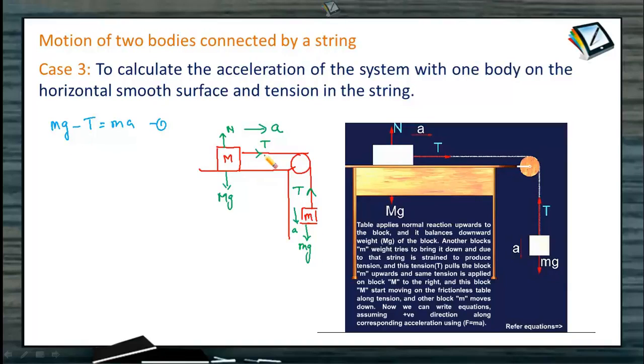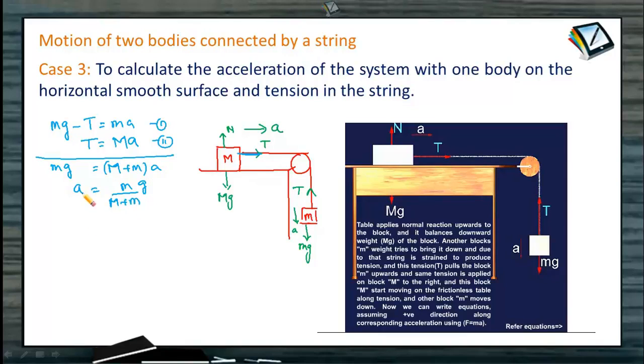Second equation: only one force is there along the horizontal direction, that is T. T is equal to capital M into a. This is equation 2. Solving, small mg is equal to capital M plus small m into a. So what is the acceleration? a is mg divided by capital M plus small m.